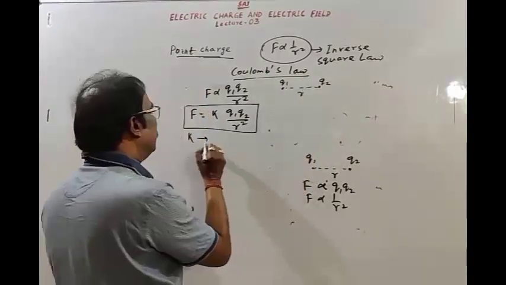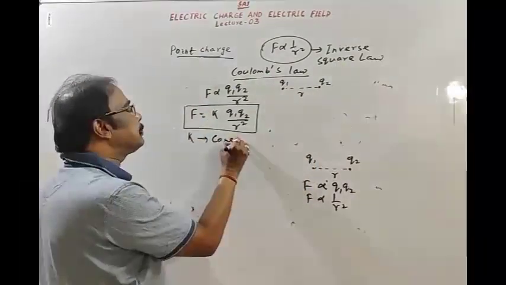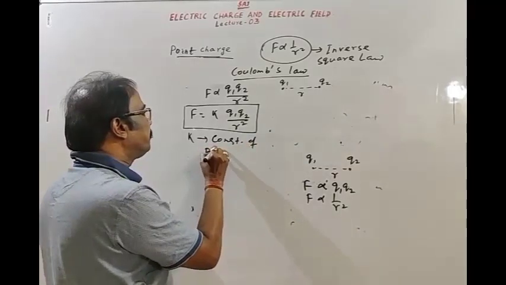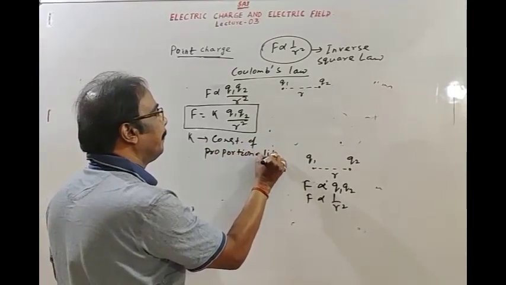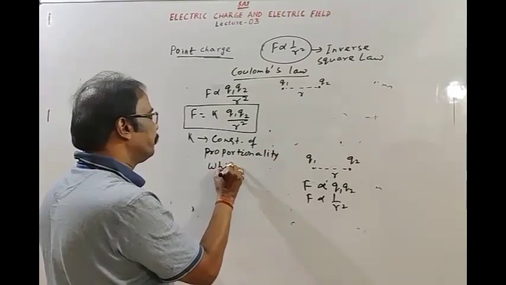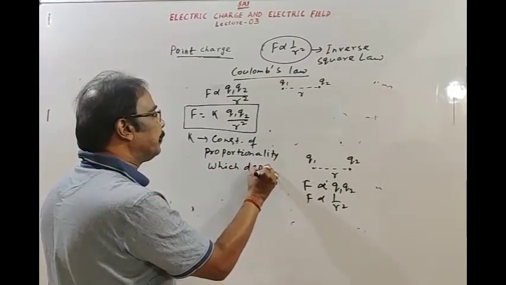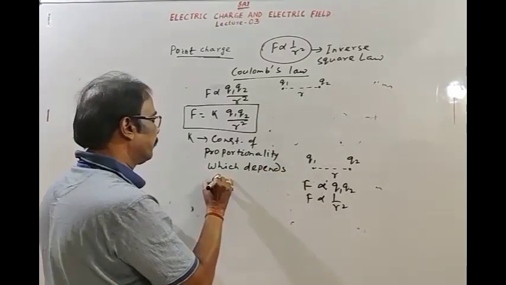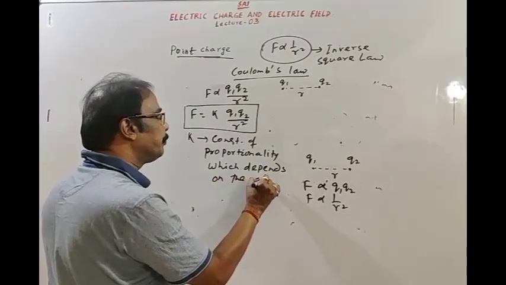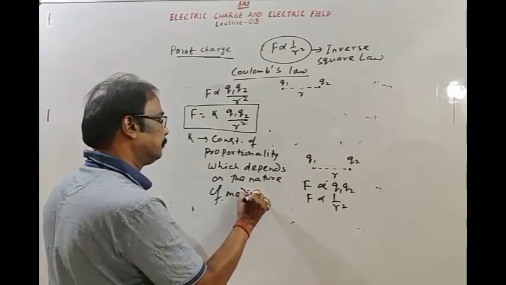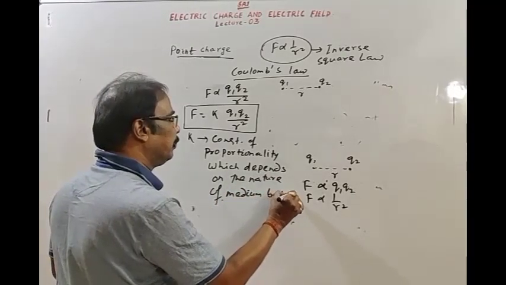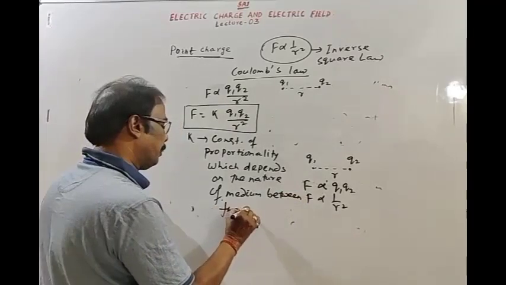Where K is the constant of proportionality, which depends upon the nature of medium between the charges.